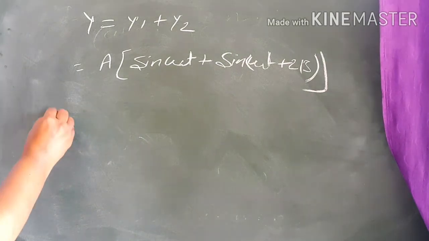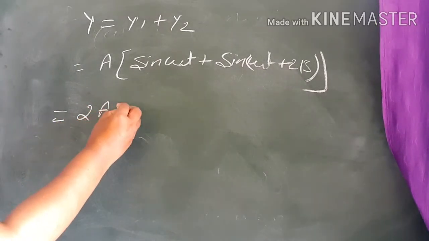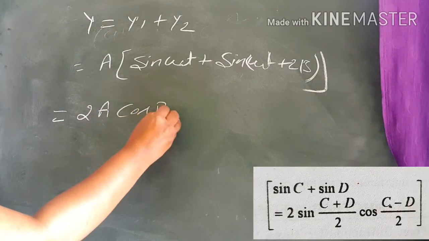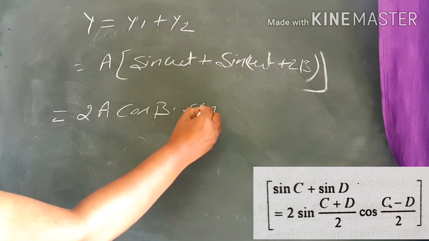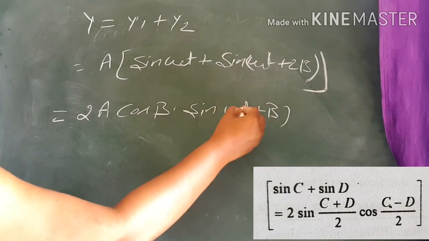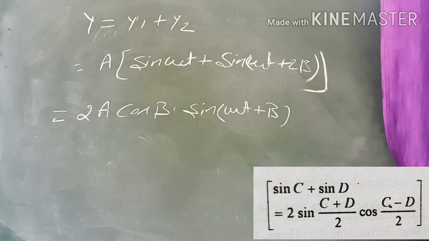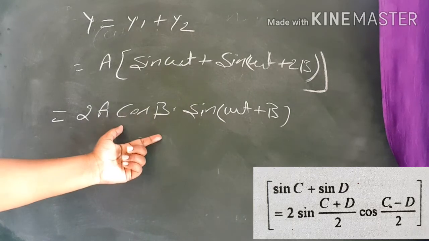By solving this, we have 2A cos beta into sine of omega t plus beta. This is the resultant of y1 and y2.